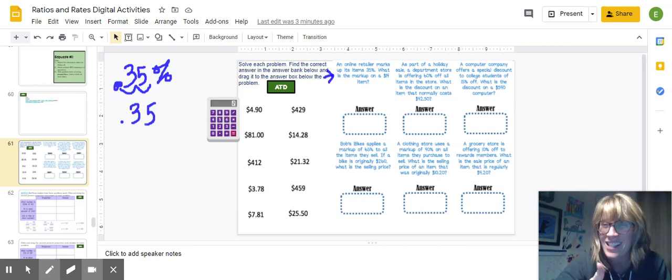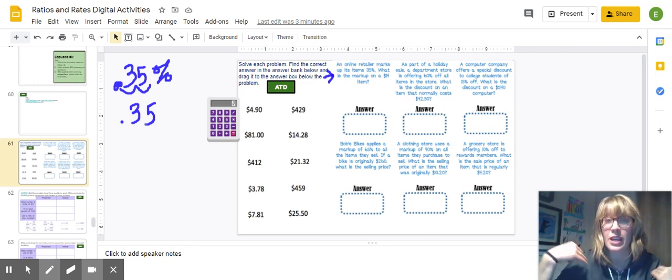We want this as a decimal so that we can easily multiply to figure out how much it's going to grow. We know we're going to multiply because they're marking up the item, right? They're not marking it down, they're marking it up in this case. So multiplying is going to help us get to a bigger number.